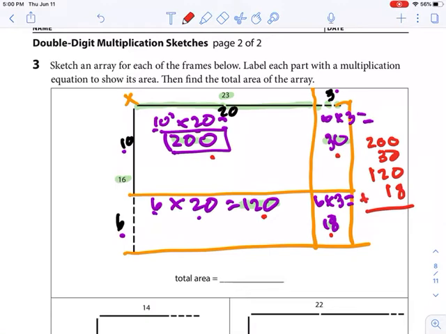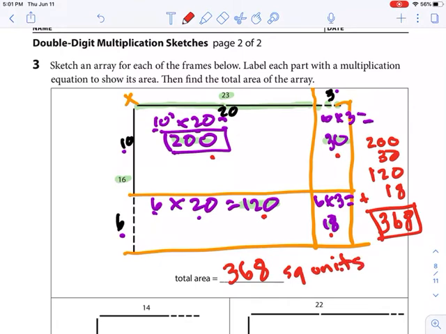I have 0, 0, 0, 8. 3 and 2 is 5, and 1 is 6, and 2 and 1 is 3. So the area is 368, and I don't have units on here, so there's no measurement. We could label it any measurement, so we'll say square units.